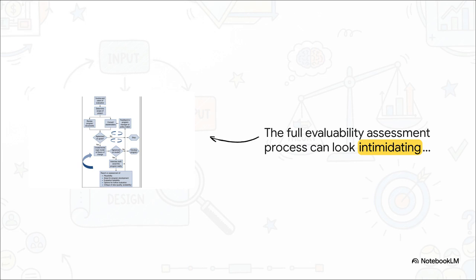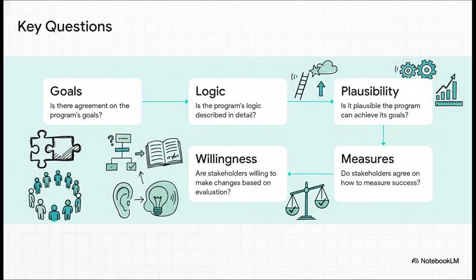Now, I gotta be honest with you. When you first see the official flowchart for how this works, it can look a little intense. There are boxes and arrows and feedback loops everywhere. It looks pretty technical. But thankfully, you can boil that whole intimidating chart down to a few really critical, common-sense questions. You just have to ask them before you start.